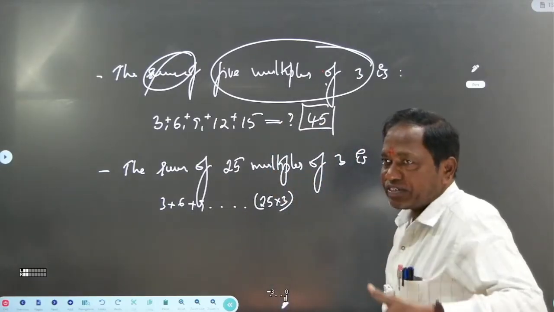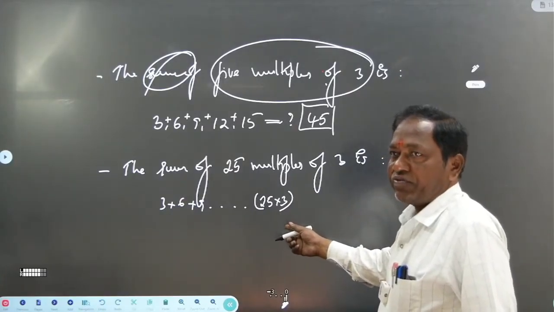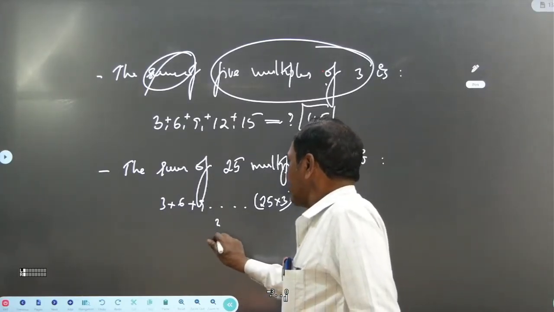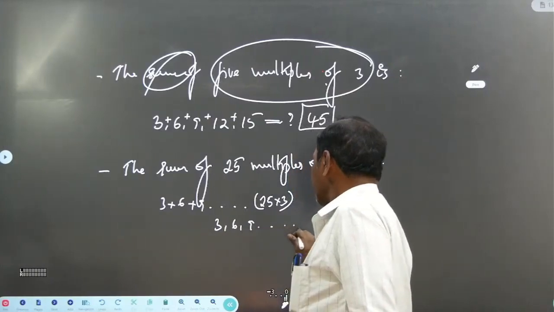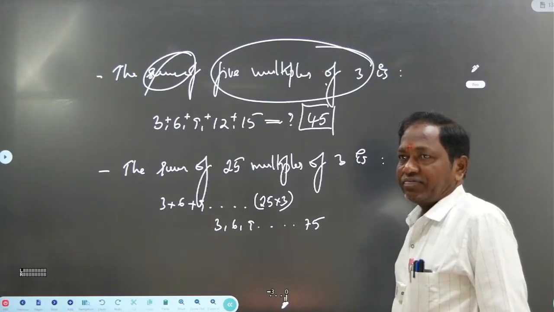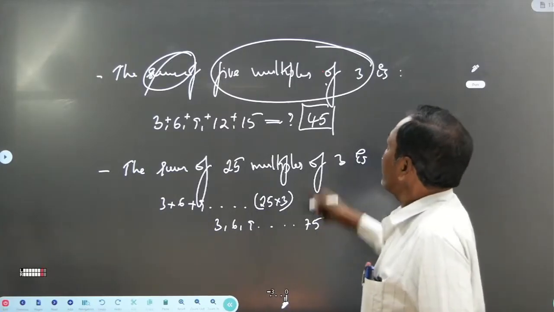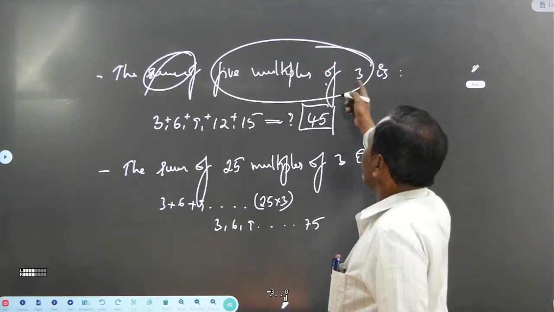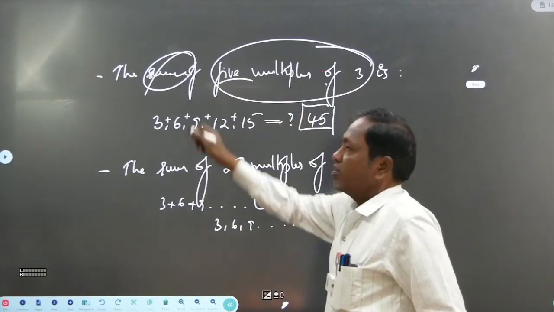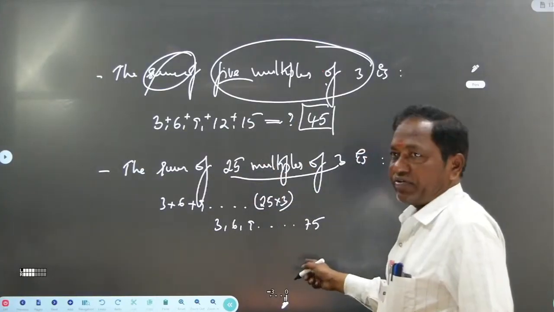First, download the information from the question. The last number will be 25 into 3, 75, correct? For 5, which we wrote here, the last number will be 5 into 3, which is 15. Like that, 25 into 3 is 75.